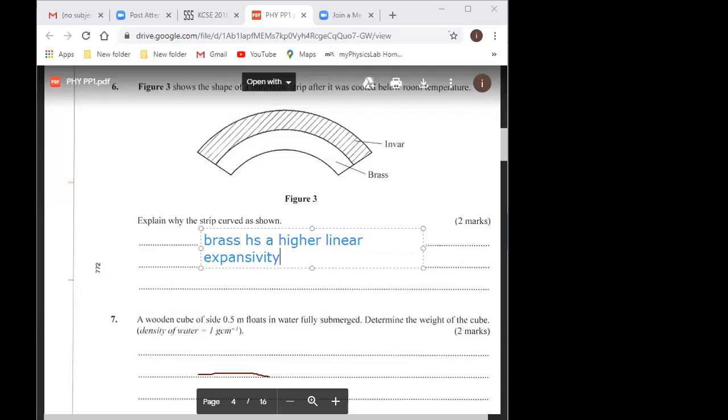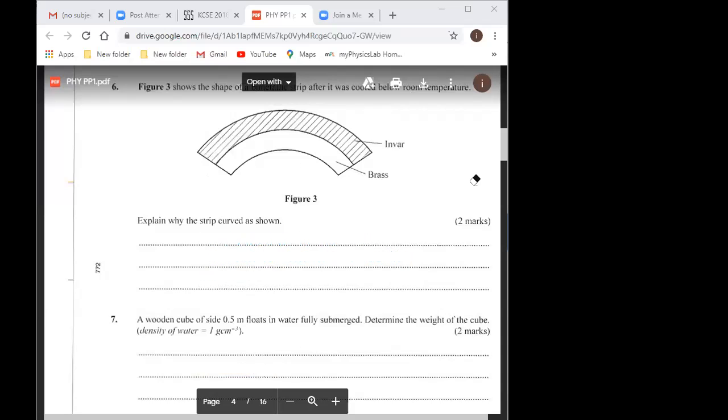So when it is contracting more, it is going to show that kind of shape that we are able to see. So that is what was supposed to be there. This part awards the first mark, then the second one awards the second mark. We'll move on to the next question.